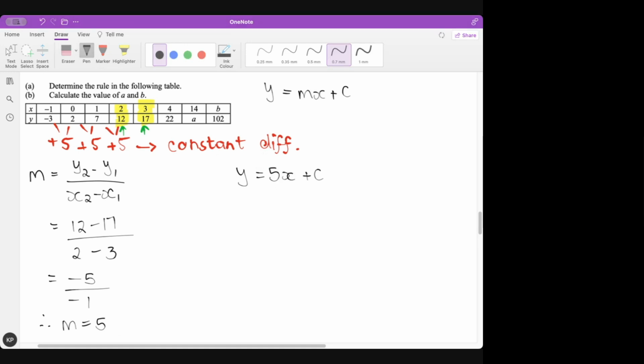Let me see which one you guys were picking up there. Okay, Zananda said 1 and 7. Let's go with 1 and 7. So then 7 is equal to 5 times 1 plus c. Therefore, c is how much, guys?